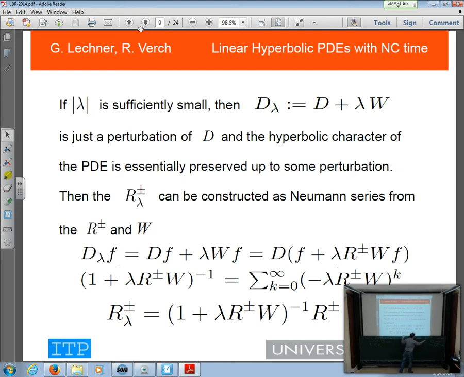What we actually do is we put some cutoff. If you apply this to a function, you get something which has support in the future, but we want to have finite volume. Otherwise, it's not in L2.